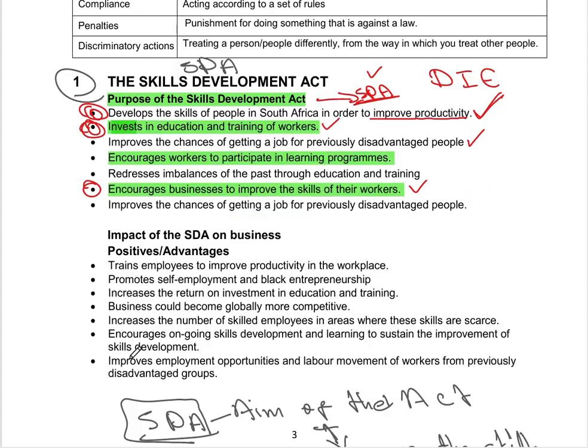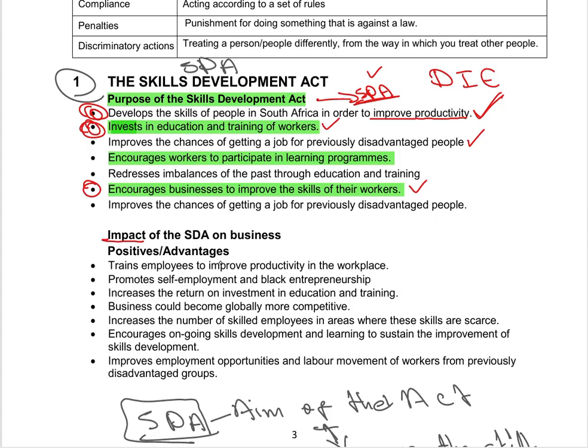All right. Now we want the impact of SDA on business. When they are talking about impact, my accounting gurus, my commercial gurus, we are referring to positives, which are known as advantages, and negatives, which are known as disadvantages. So whenever they say give the impact of SDA, they want you to give the positives and also the disadvantages.